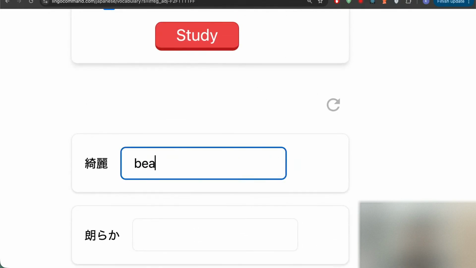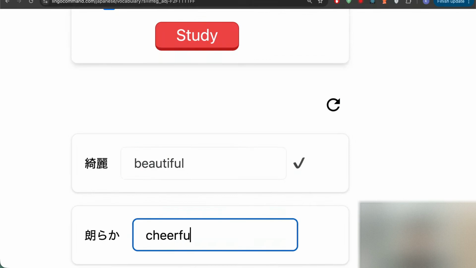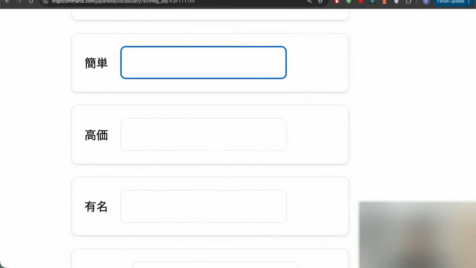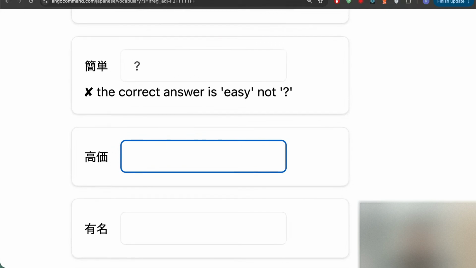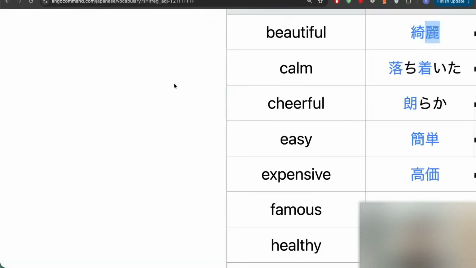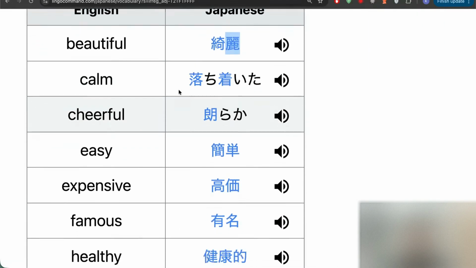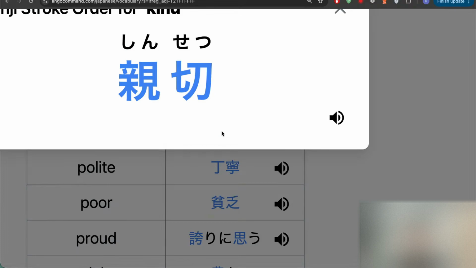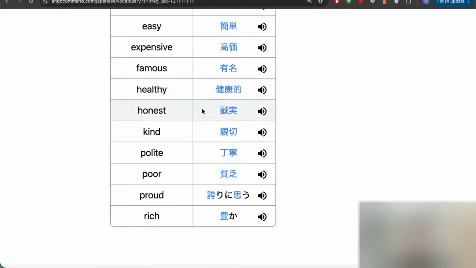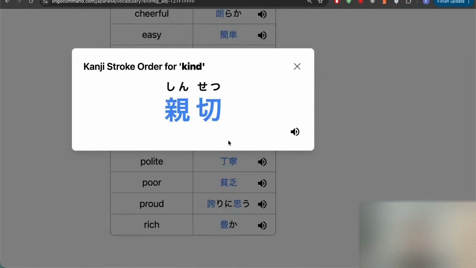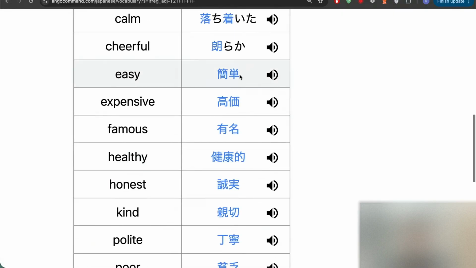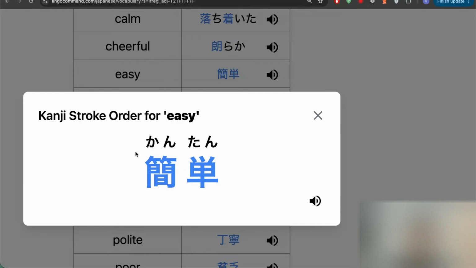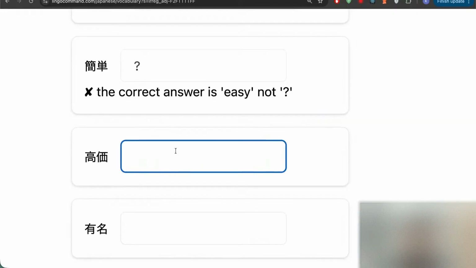So let's go again. So we have beautiful, cheerful, kantan. So the first kanji is presumably kan, and then the next one is tan, but we can confirm that. Here's kanji for kind. Sorry, we want easy. So, yeah. First kanji is kan, the next one is tan.